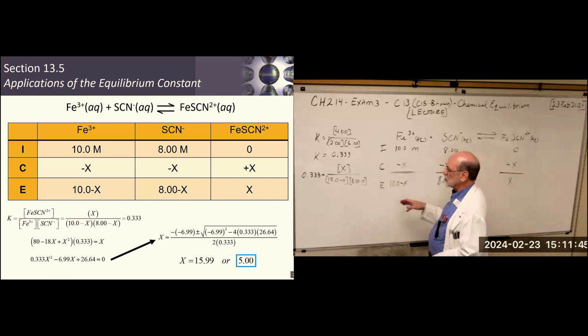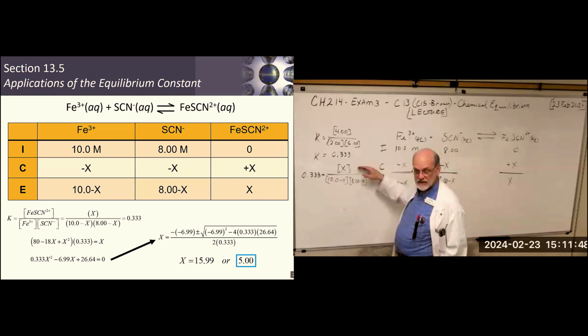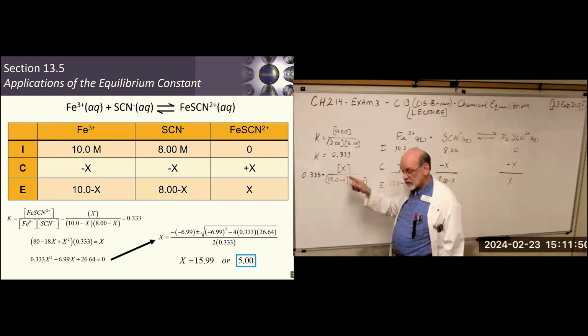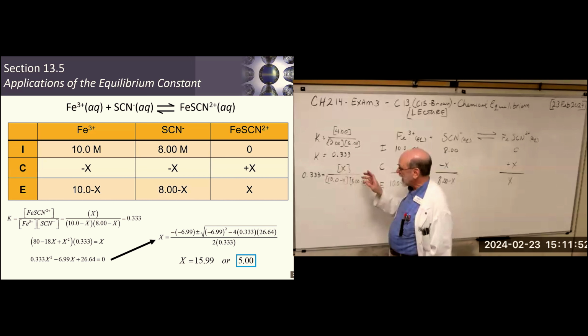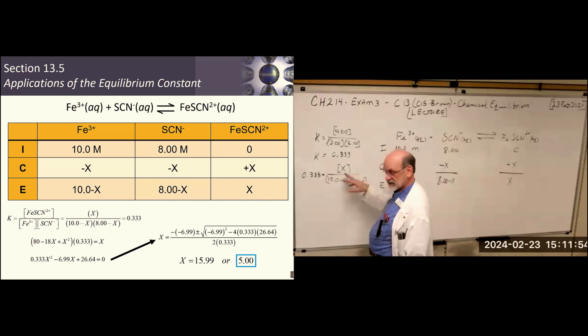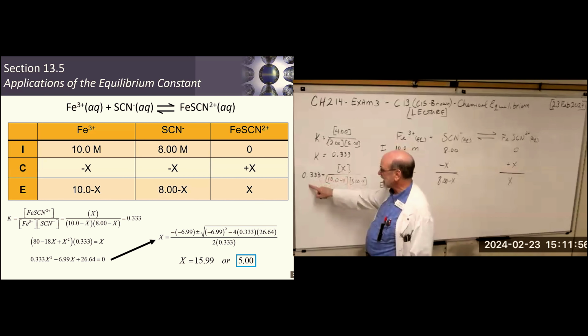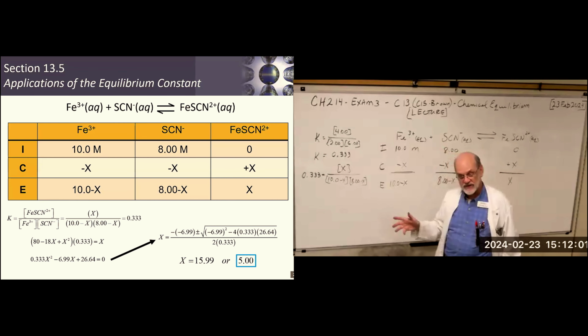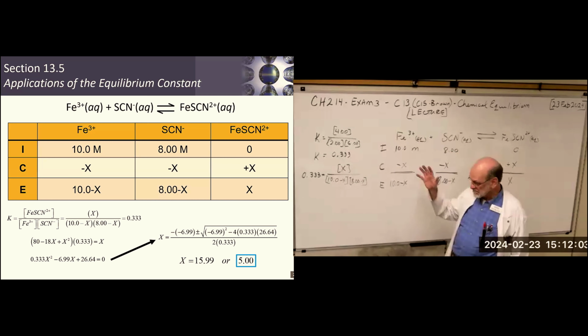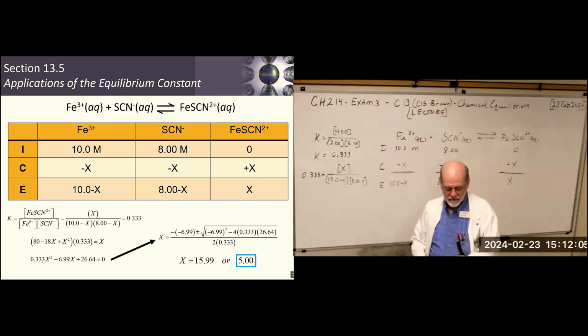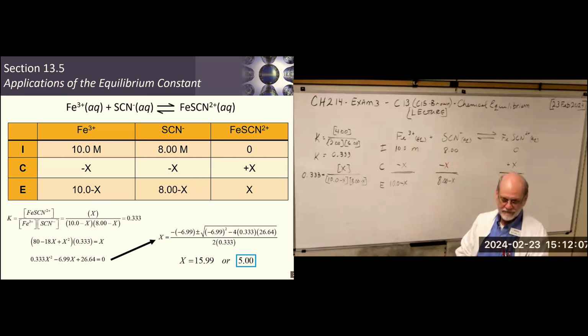You take the value that you determine as your x and put it back into the real expression and calculate what k would be with that x in there. Then you compare that k to the real k and see if it's within 5%. And if it is, then your approximation was correct.